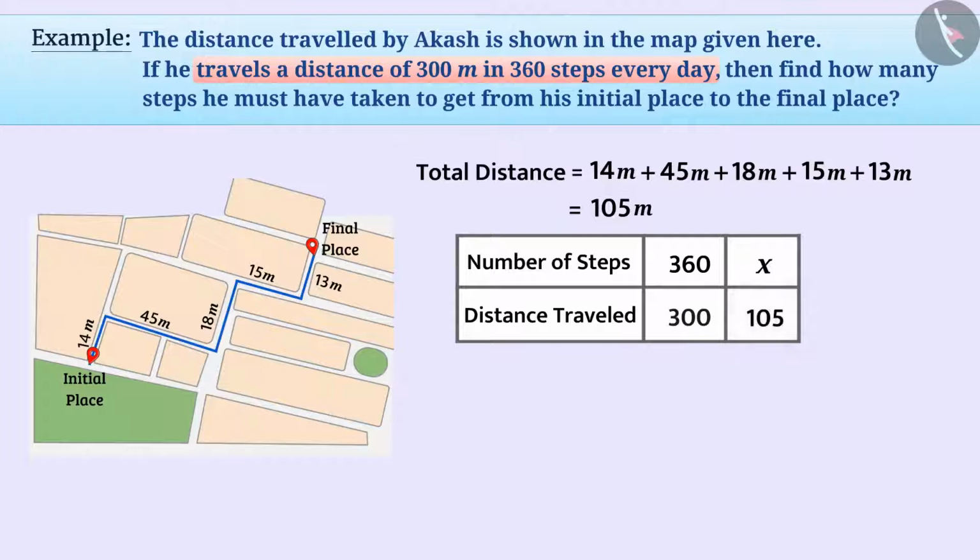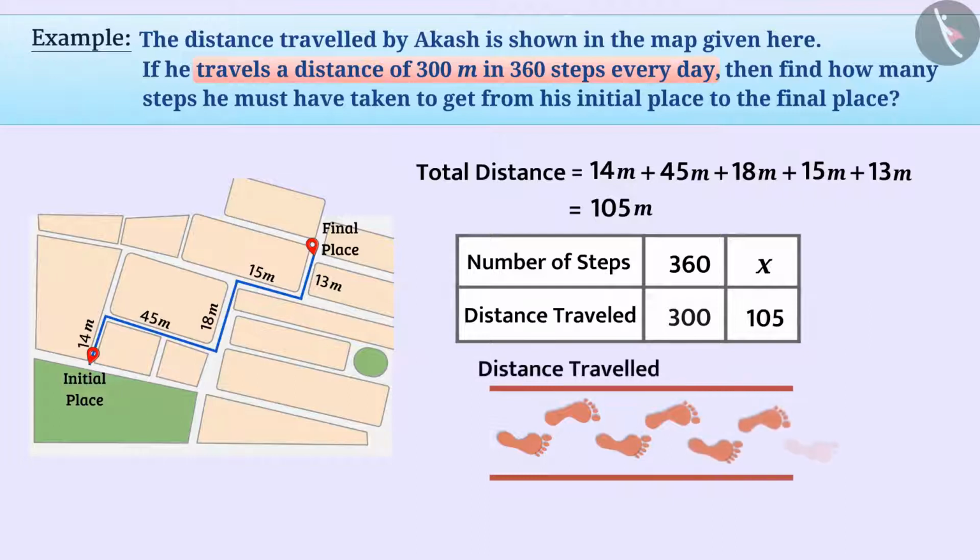We know that the ratio with which the distance travelled increases, the number of steps also increases in the same ratio. Therefore, here the distance and the number of steps are directly proportional.